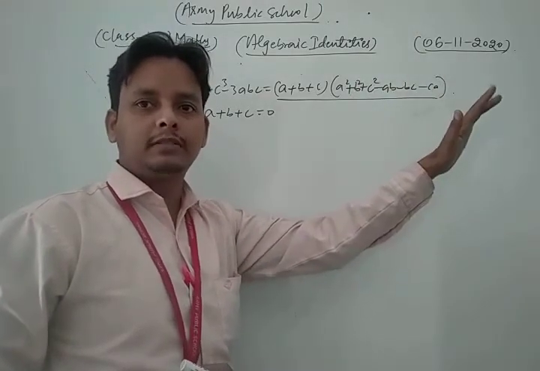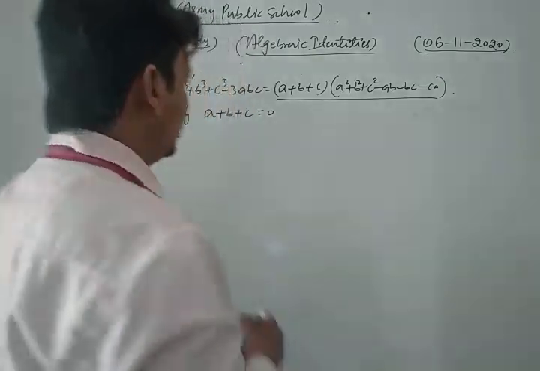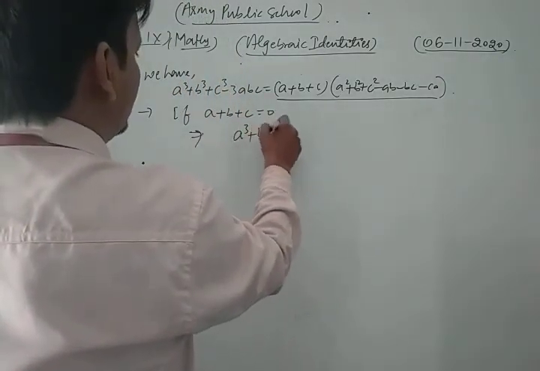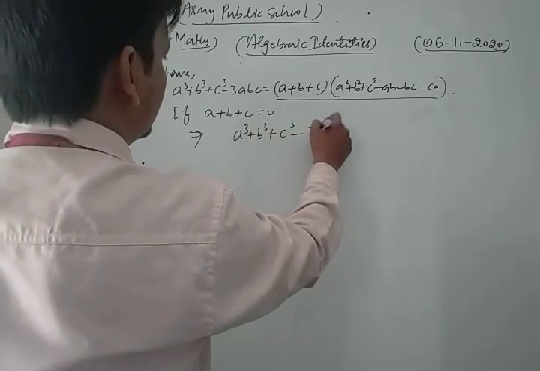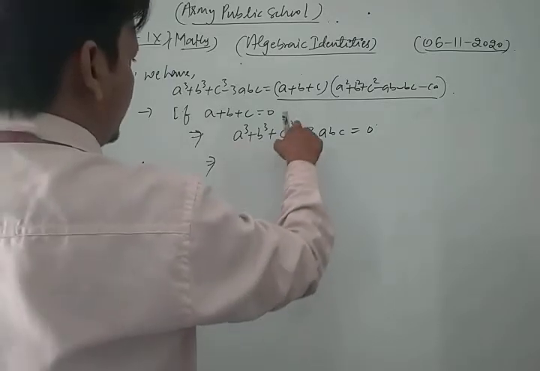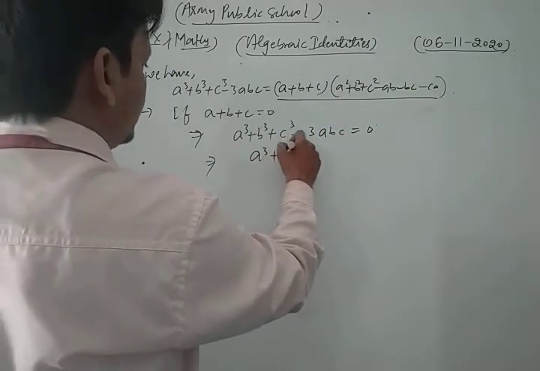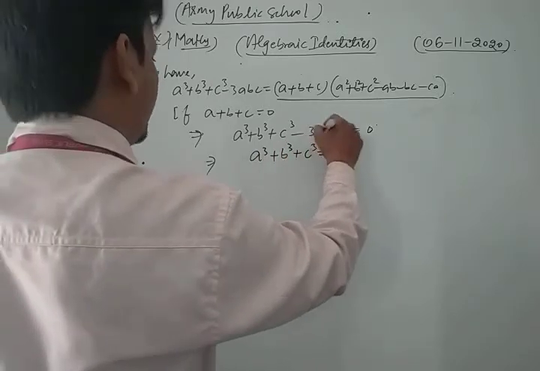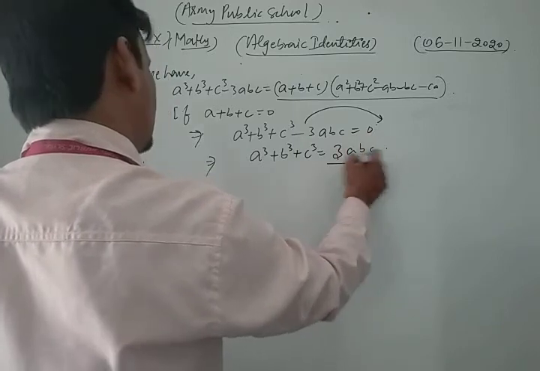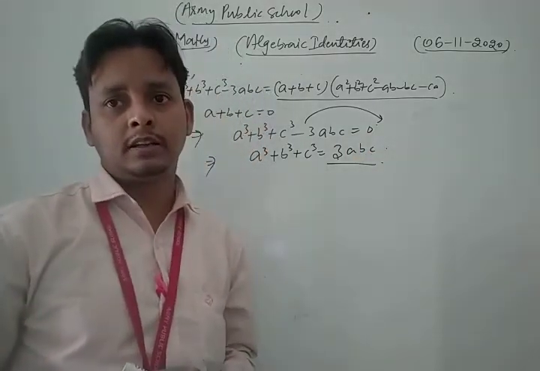So A cube plus B cube plus C cube minus 3abc is equal to 0. Transferring minus 3abc to the other side, we get an important result: A cube plus B cube plus C cube is equal to plus 3abc. This is a very important result.